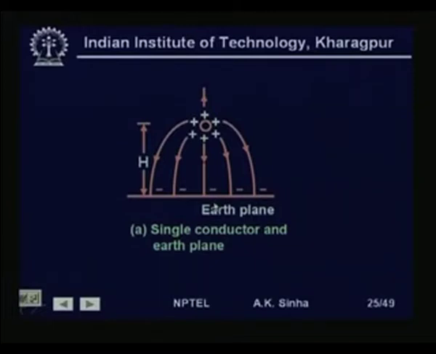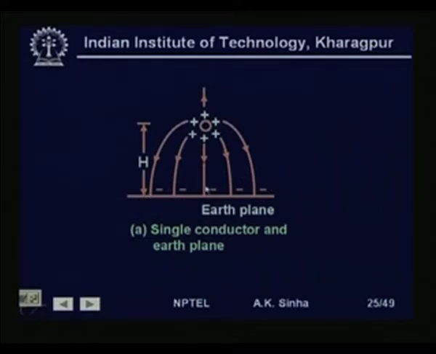In fact, if we look at the electric field contour, when we have a conductor placed above the ground, this conductor has a positive potential. Therefore, the field lines will look like this. Now, the earth being an equipotential surface, these lines will be coming to the earth at 90 degrees or perpendicular to the ground.